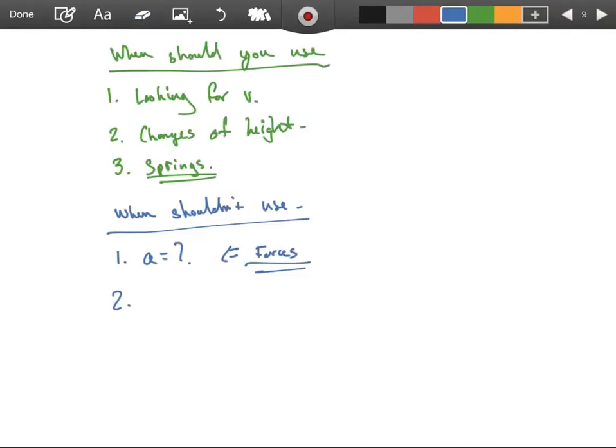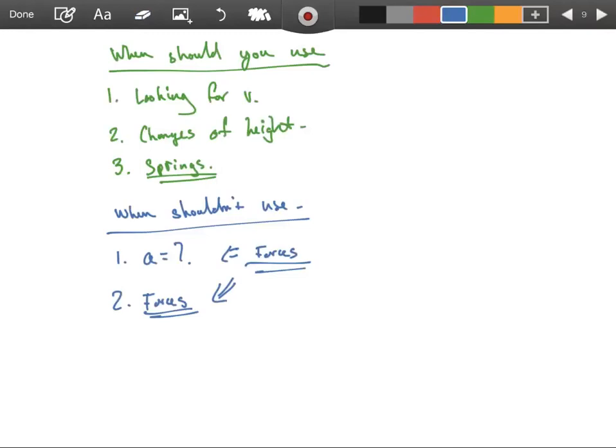Number two is anytime I'm looking for forces. I know in a previous problem we actually found a force using conservation of energy, but it doesn't always work. At least it's not always helpful. In this case, it's a lot easier to just go directly to forces. So whenever I want forces, I typically use forces and Newton's second law.